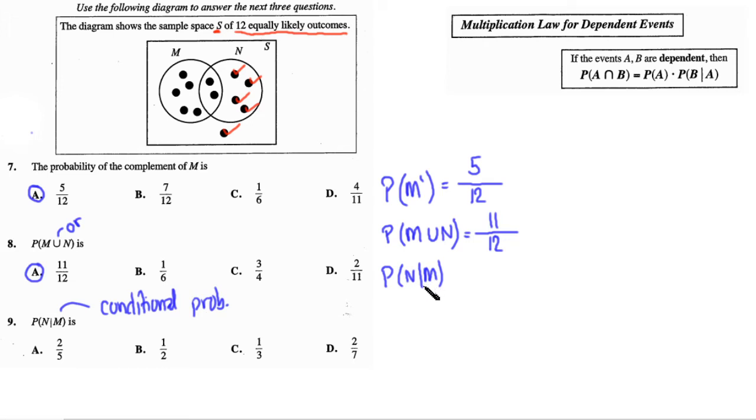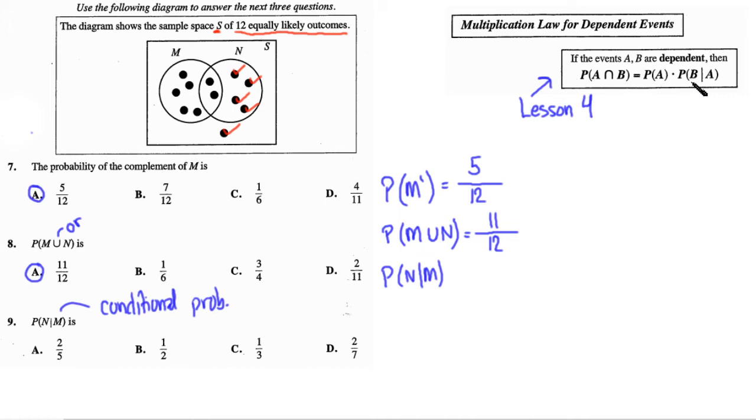To determine this, we are going to turn to this formula, which is from the lesson 4 PDF in probability, the multiplication law for dependent events.